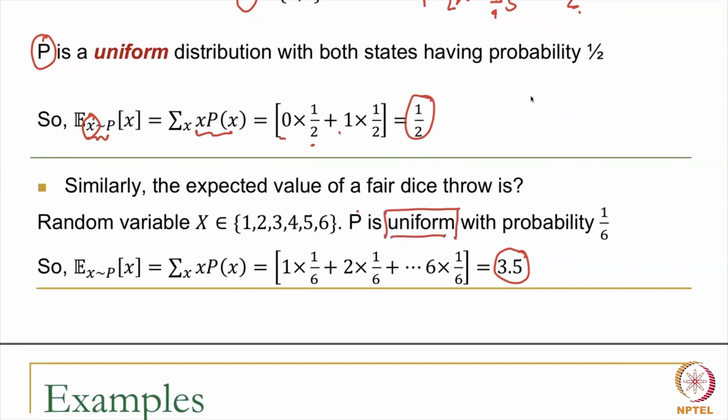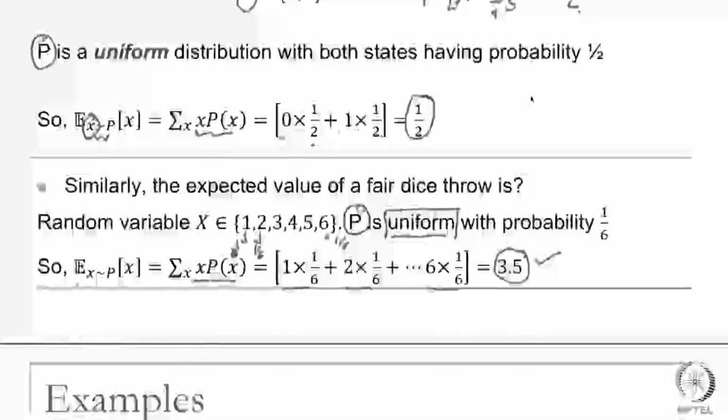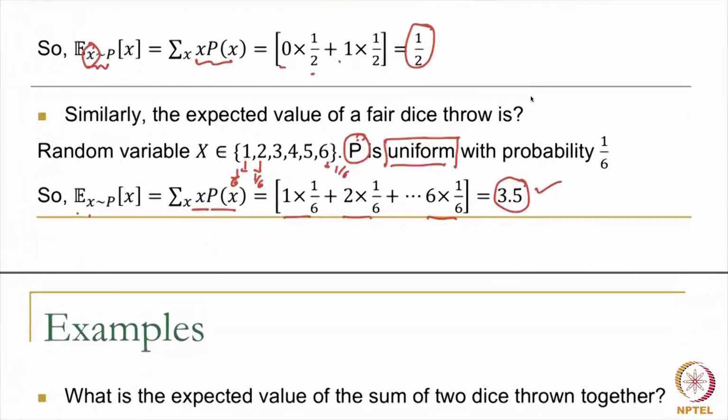So notice this word. Uniform distribution means each one of these has the same probability, which obviously has to be 1 over 6. So we now write the expected value of X drawn from this P is sigma of X, P of X, which is 1 times 1 by 6 plus 2 times 1 by 6, which is basically 1 plus 2 plus 3 plus 4 plus 5 plus 6, 21 divided by 6, which is 3.5. So these are some simple examples of expectation.